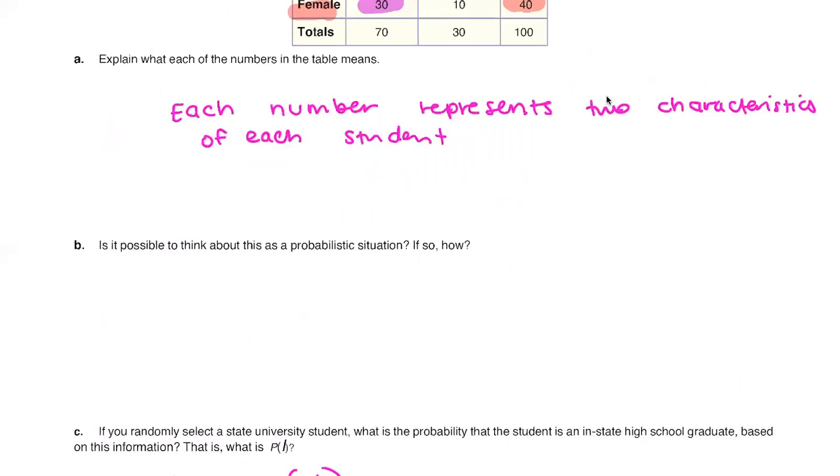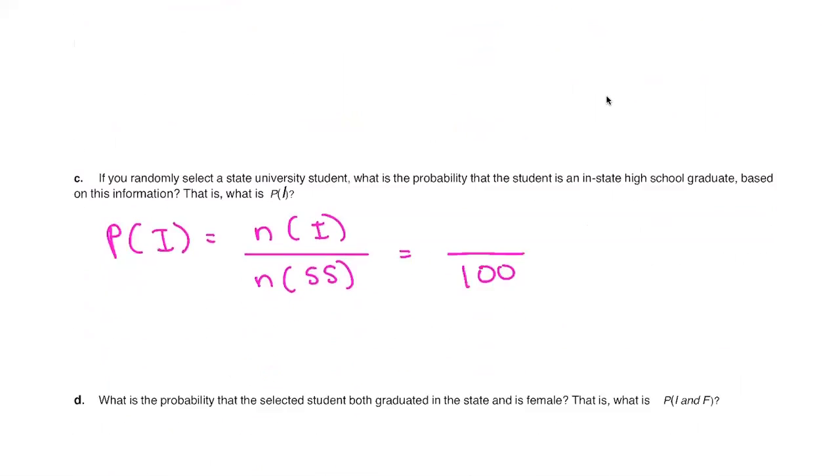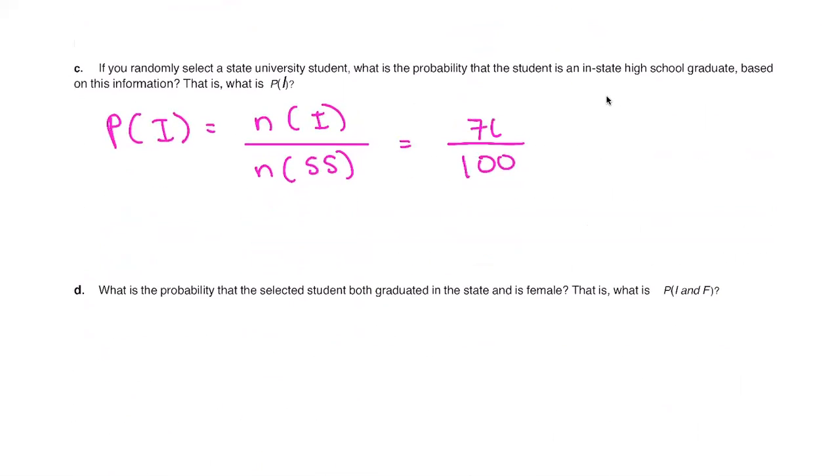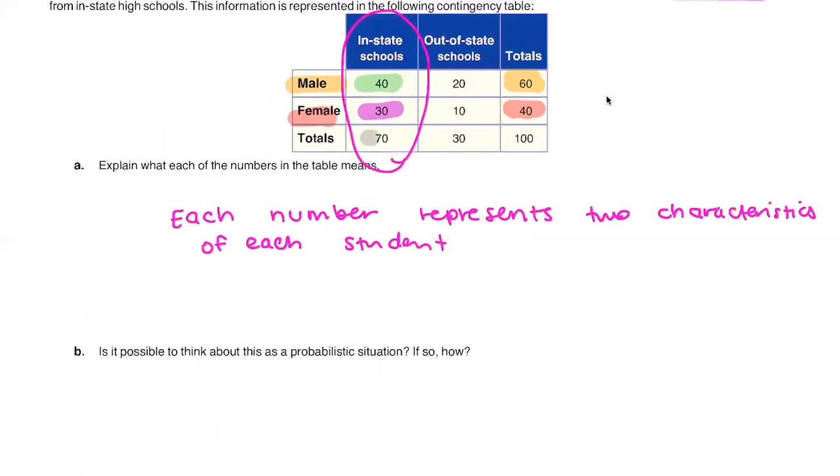And in-state students, there's 40 male in-state students and 30 female in-state students. So there's 70 students in total. And I'm going to color coordinate that. We'll have it be gray. Gray is in-state. We got that from right here in the in-state column.